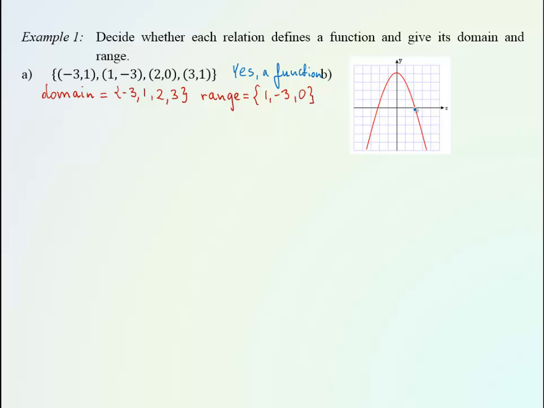In the second example, it's even easier to detect that this is a function. If you think about the vertical line test, any vertical line, if you draw it here or there, or anywhere, will cross the graph only once. That means, yes, we have a function.